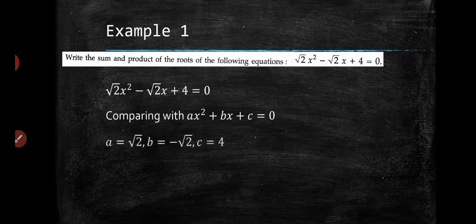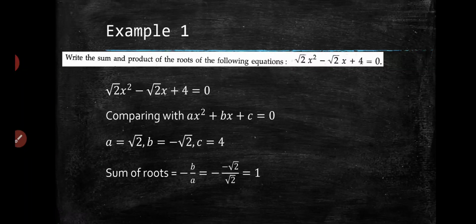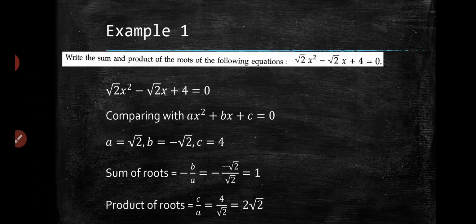We require them. Now we know the sum of the roots is −b/a. So from the equation we know what a, b, c are. So from there we get the sum of the roots as 1, and the product of the roots is 2√2. Right? Using −b/a and c/a. Pretty easy to see.